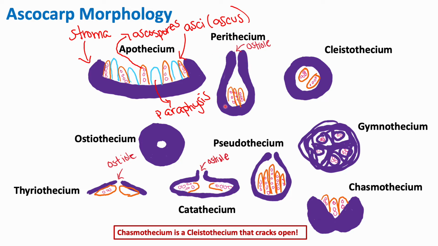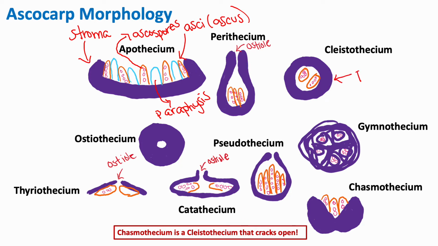So the perithecium has this flask-like shape, and then we have the cleistothecium. The cleistothecium and the gymnothecium are relatively similar, in which we have the ascus and the ascospores enclosed completely within the stroma. And when we have something enclosed completely within, I can spell that out.